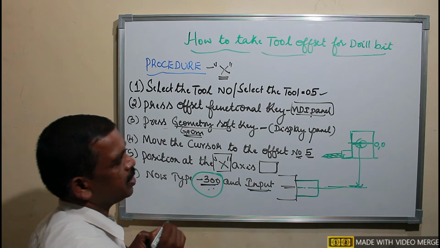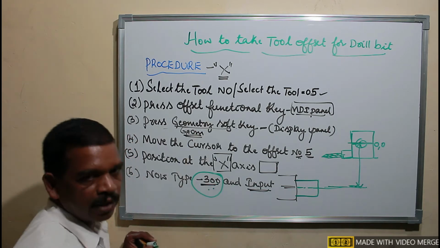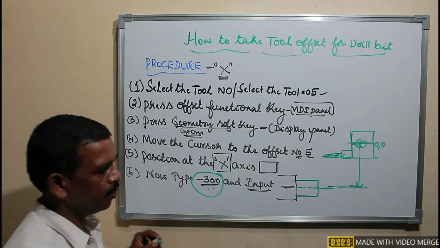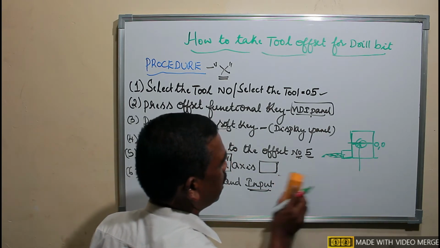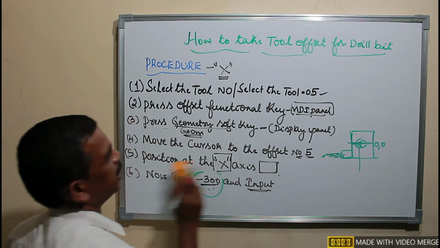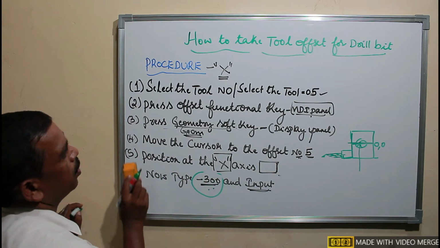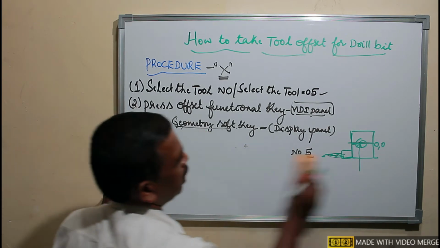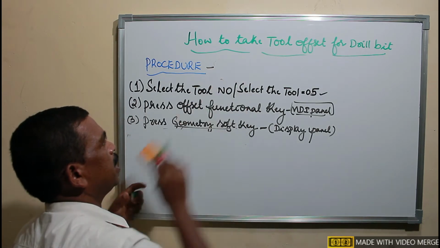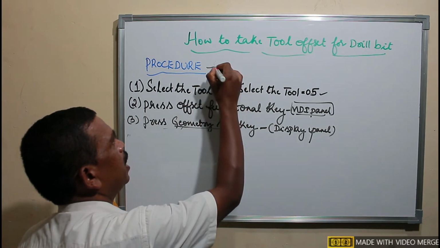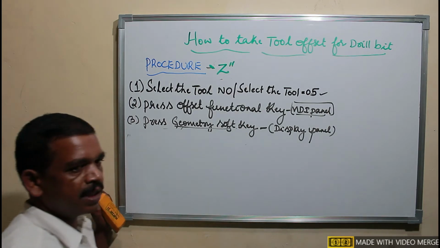See, this is the procedure for taking the offset in x axis. Okay, and then I will explain the procedure for taking the offset for z axis also. So up to here it will be same for z axis.